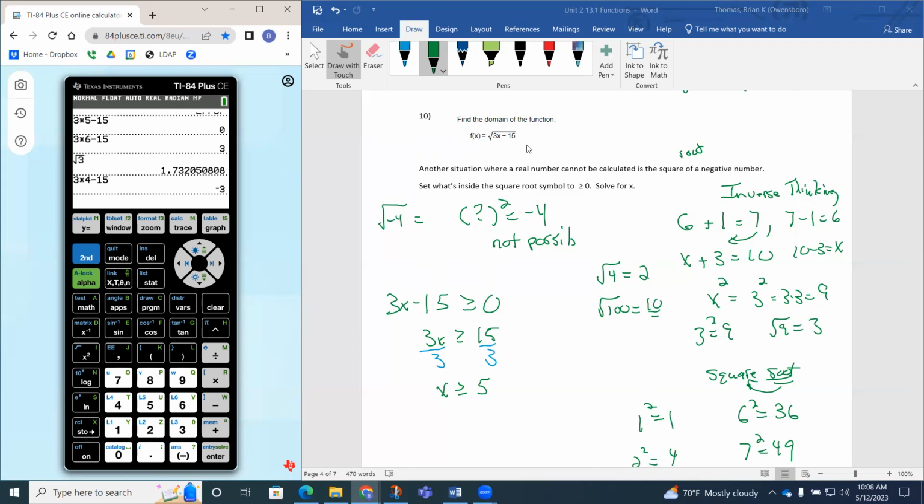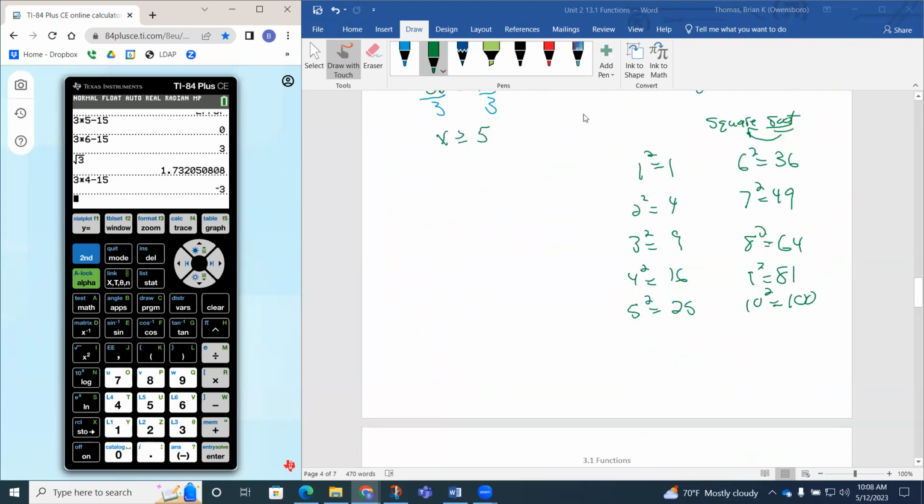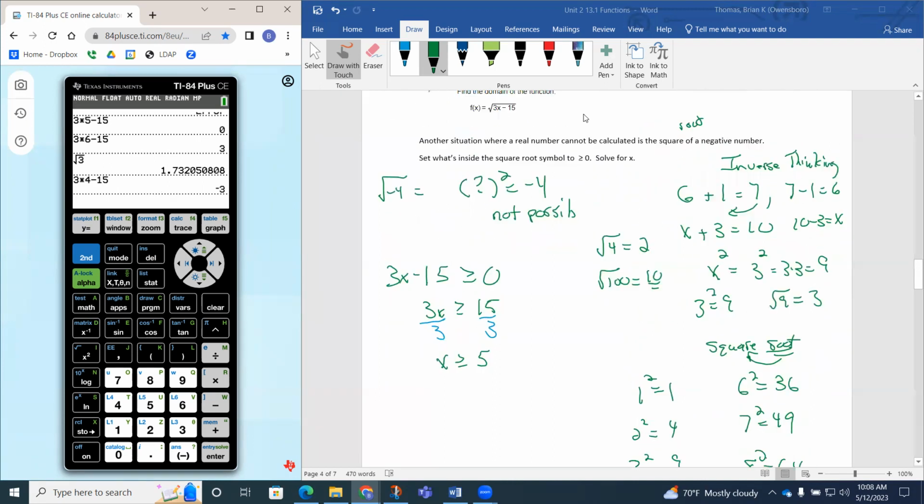Again, if we use interval notation for this, let's see if we want interval notation here, it doesn't say.